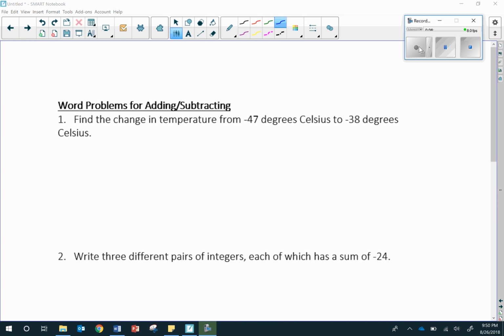Alrighty, we're going to continue with a word problem where we are going to add or subtract integers. It says find the change in temperature from negative 47 degrees Celsius to negative 38 degrees Celsius. So if we think about this on a number line, we have negative 47, closer to 0, we have negative 38.